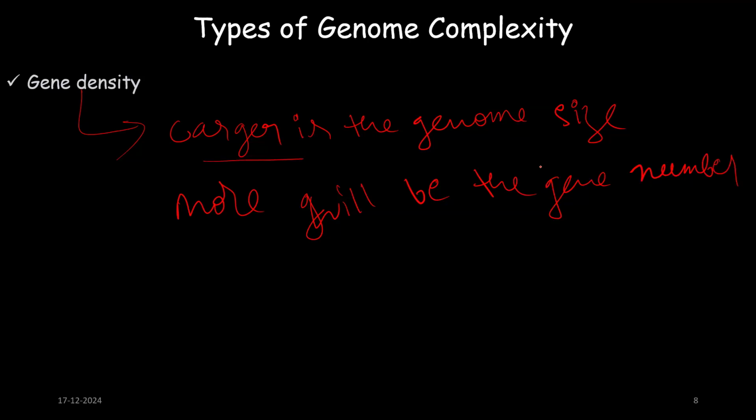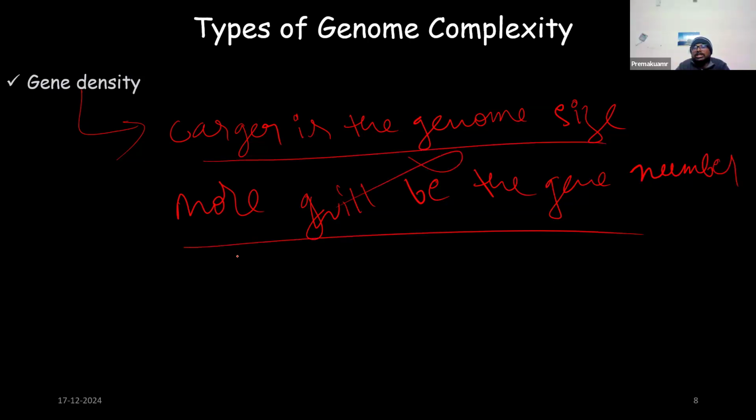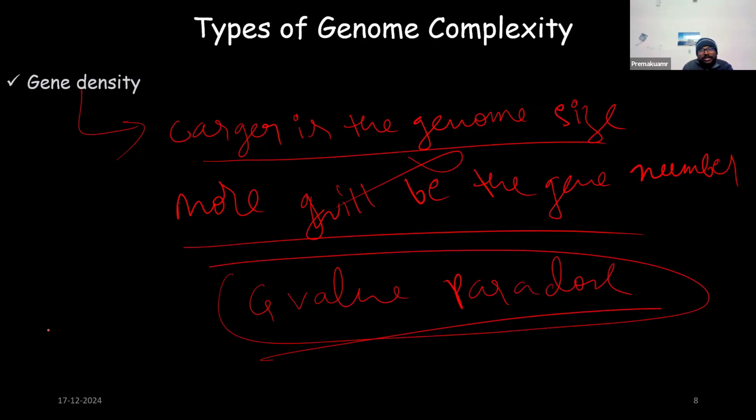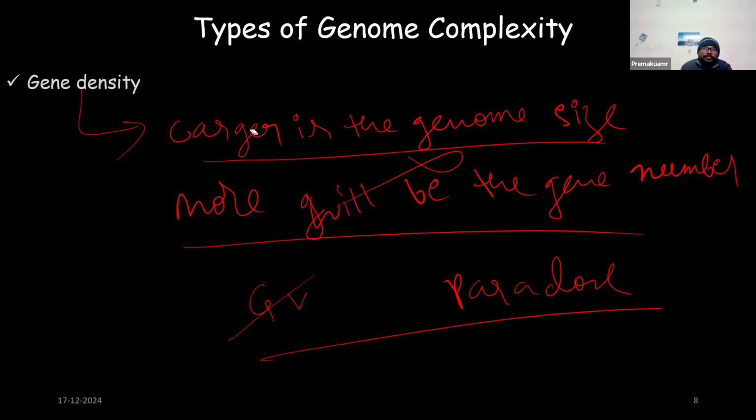No, sir, not correct. There is no correlation between these either. It is called the G value paradox. Understood? There is no relation between the genome size and the number of genes. It is called the G value paradox.